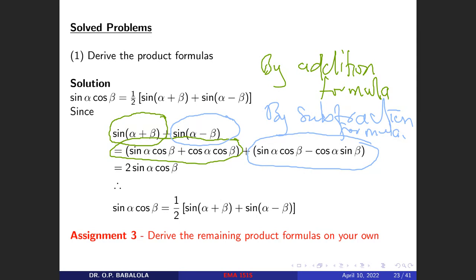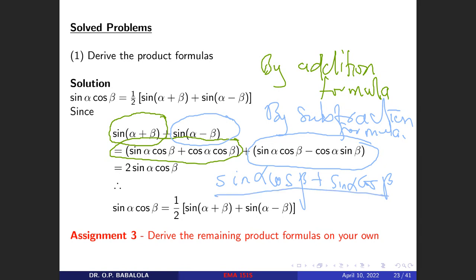And therefore, when you solve this, you have it to be 2 sine alpha cos beta. And can we all say that directly? Let me just write it out. Sine alpha cos beta plus sine alpha cos beta.